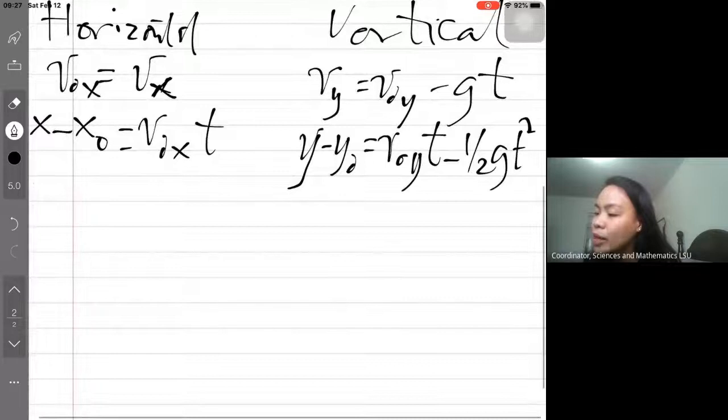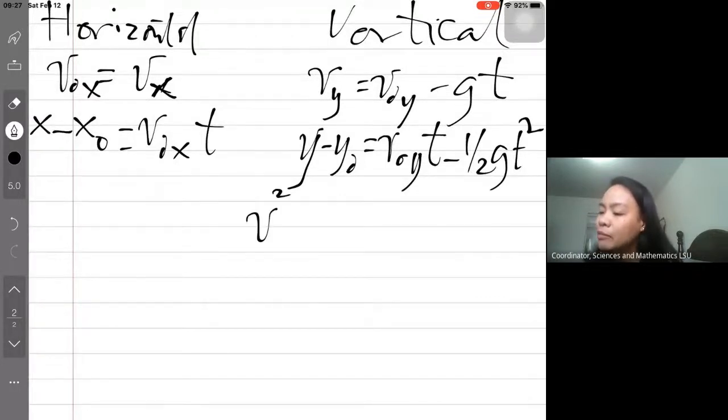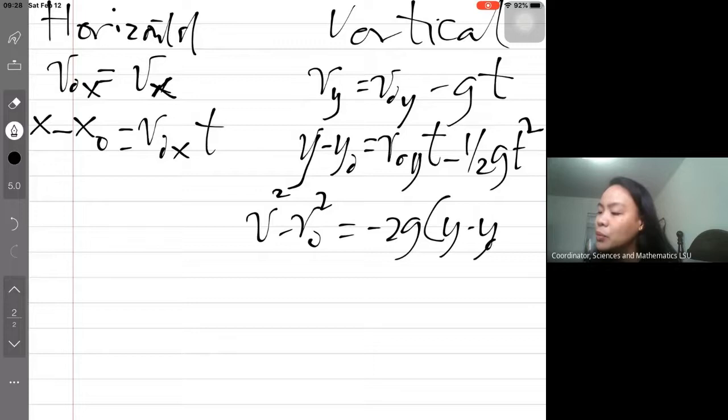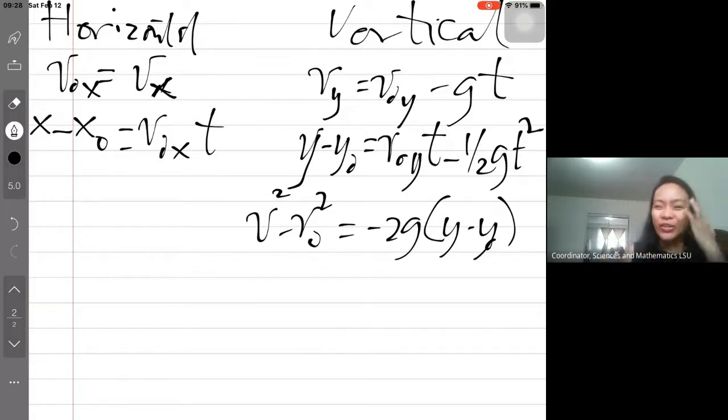There must be a square there. And V squared minus V sub o squared is equal to negative 2g times y minus y sub o. Don't worry guys, all of these equations are in your module, if you cannot read my penmanship properly.